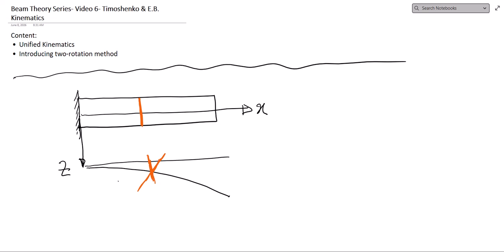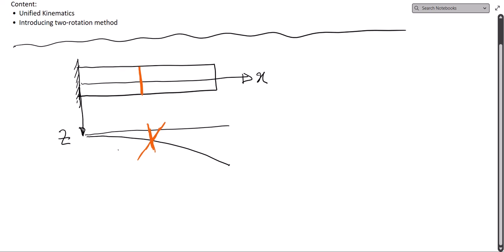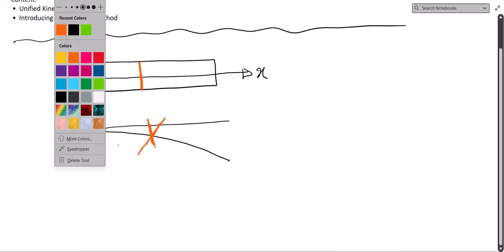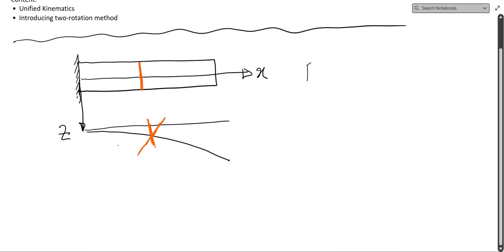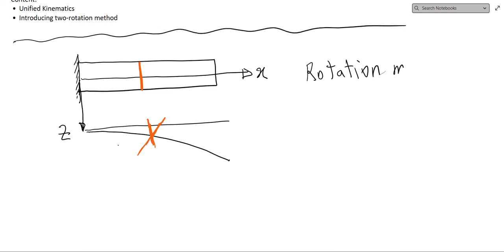Okay, so how do we get these things? One thing is that we considered the tangent to the elastic curve, and then we had two quantities, and we took care of it. But here I would like to use the rotation matrix, which we covered in the first two videos, and the rotation of just a cross section.